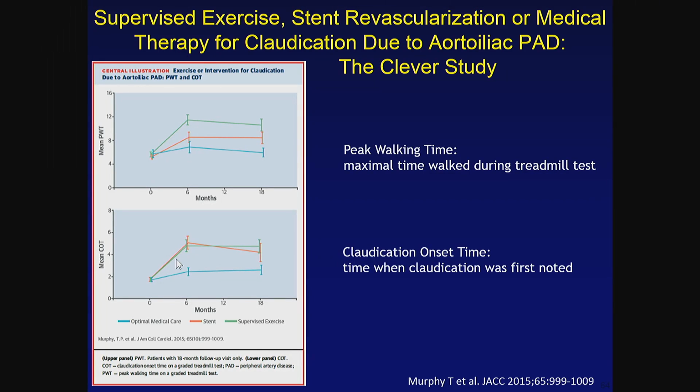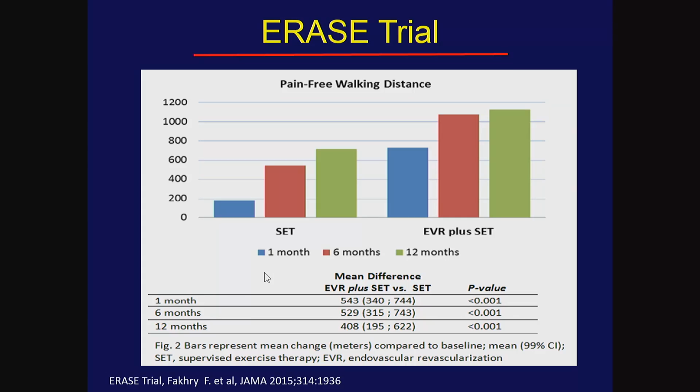and in the course of 6 to 18 months of follow-up, it became clear that patients who underwent revascularization or exercise therapy experienced a significant increase in walking distance and reduction in symptoms of peripheral artery disease.